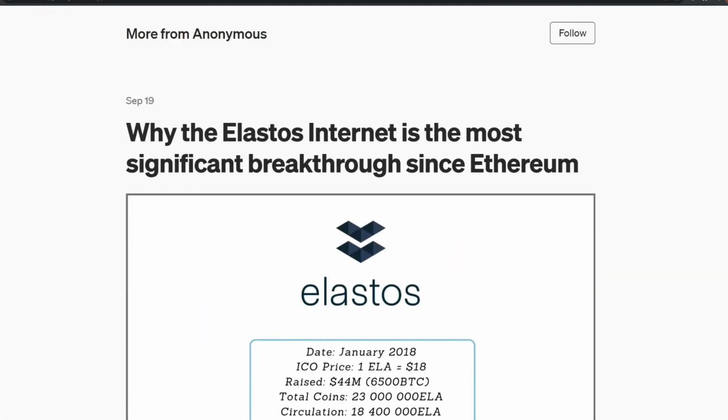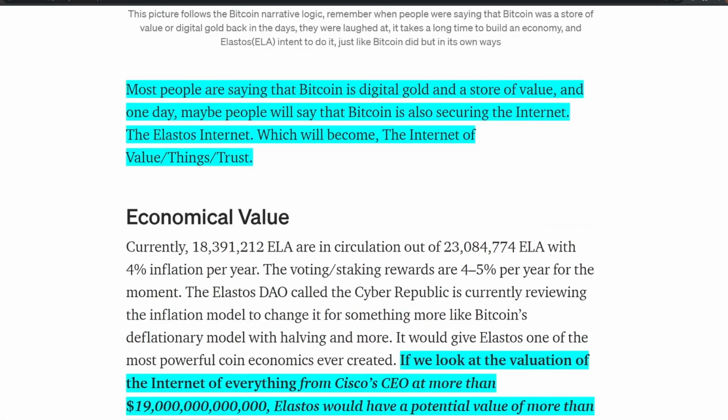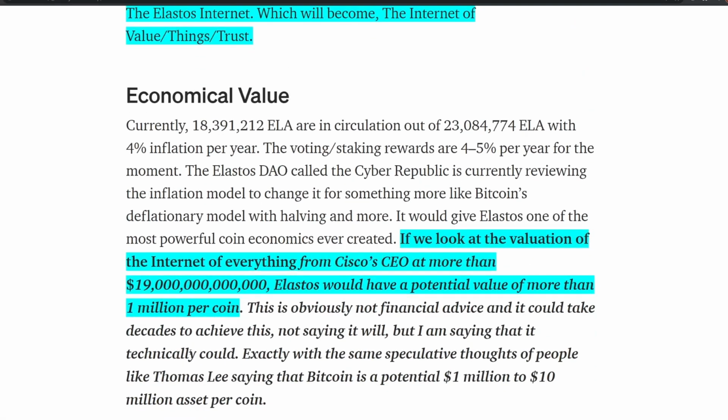Moving on. That actually about wraps up the article there. It just goes on to talk a little bit more about the potential valuation, Elastos being worth 1 million per coin if you captured a $19 trillion value. Obviously, this is all just speculation. You have to keep going, have to keep building.